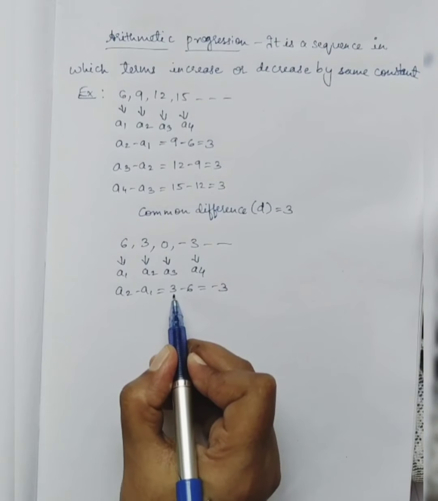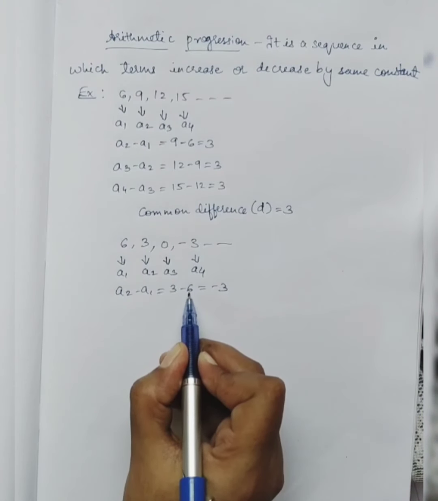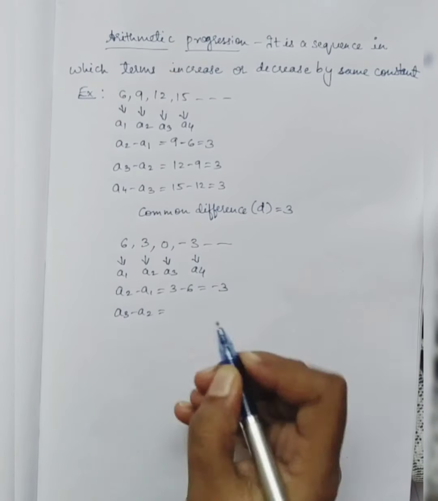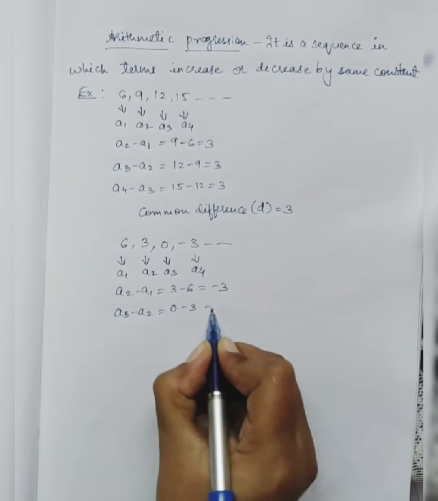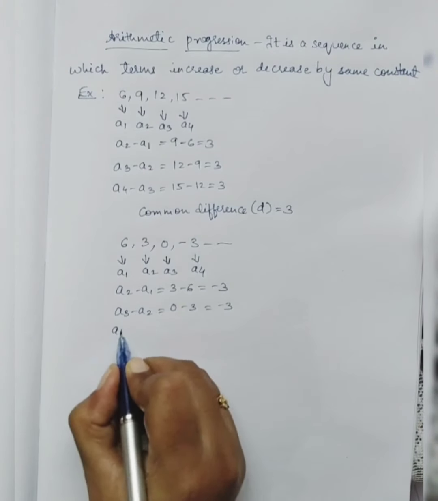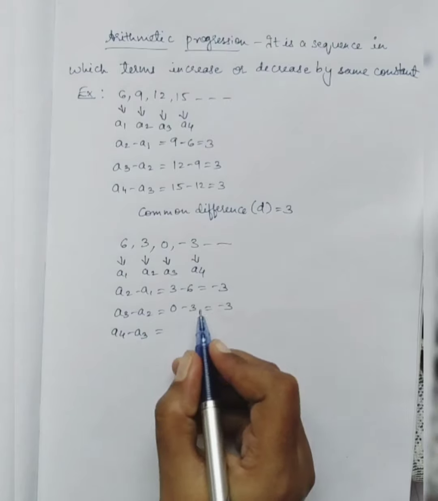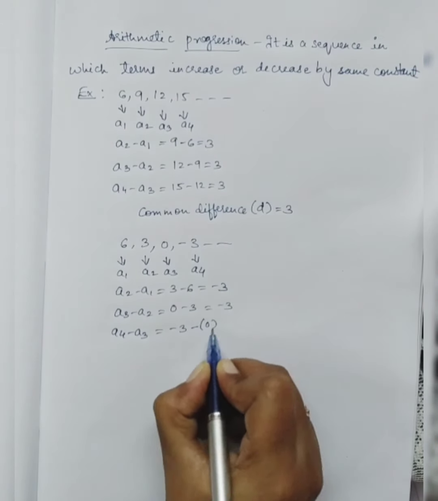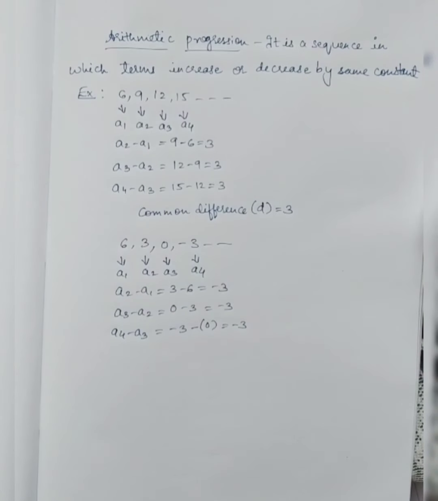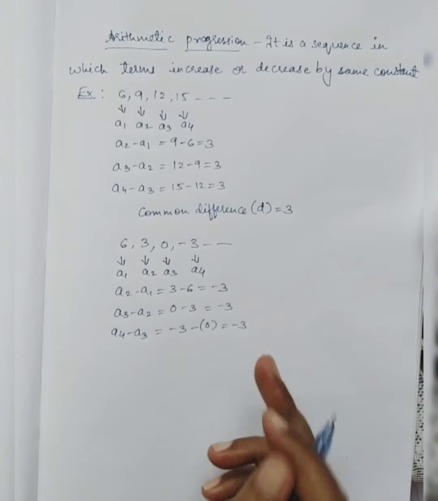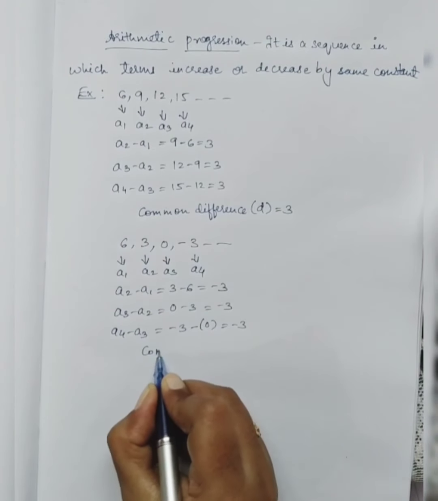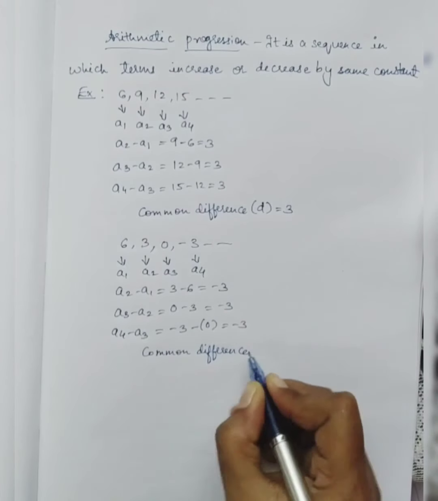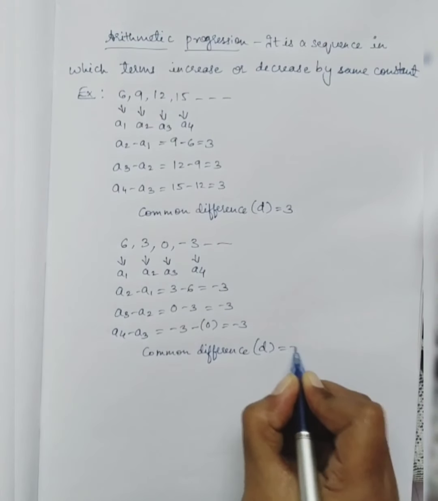If you subtract 3 from 6, you are going to get minus 3. A3 minus A2. You are going to get 0 minus 3. That is minus 3. A4 minus A3. So you are going to get it as minus 3 minus 0. So it is minus 3. So here the AP is negative. Here the common difference is what? The common difference is minus 3.